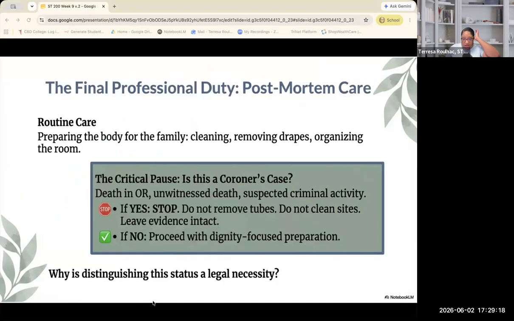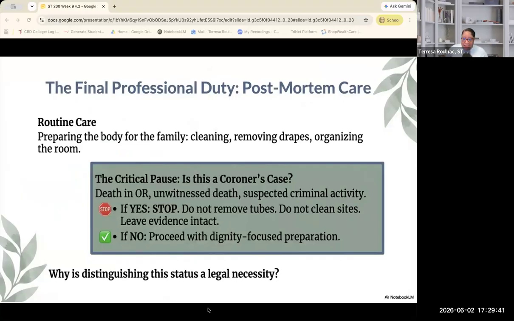Now, this is often the quietest part of surgical care. There's no urgency, there's no instrument exchange, but it is one of the most important professional and, in my opinion, humbling responsibilities that we have. And that's postmortem care. It is still patient care.